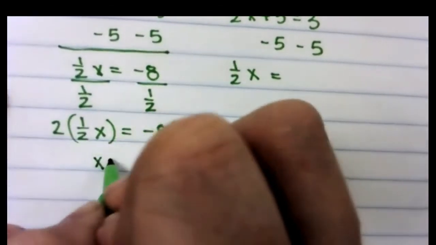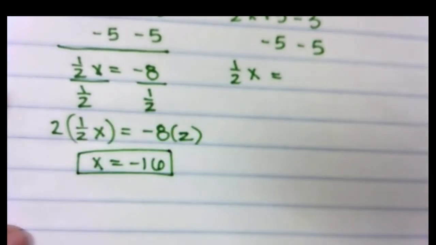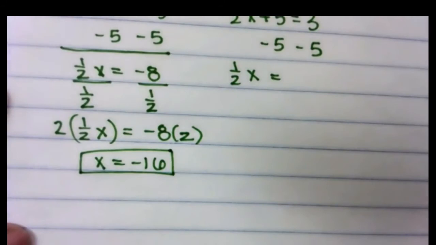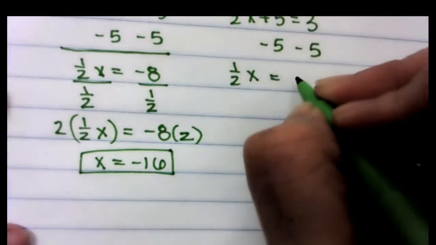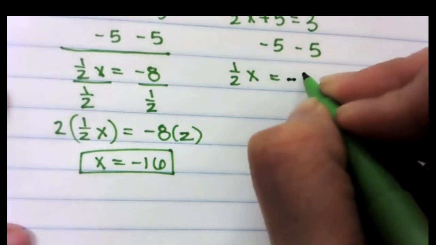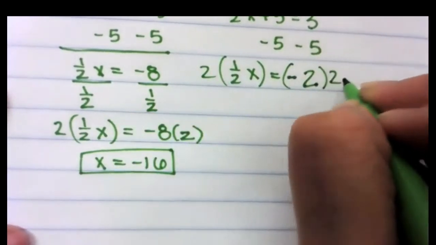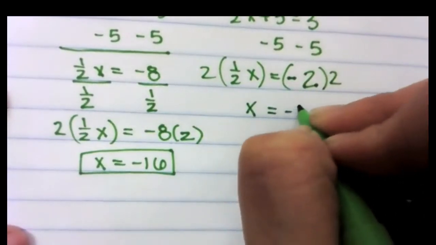These mean the same thing. And we get x equals negative 16. And then over here, 3 minus 5 is negative 2. If you multiply by your reciprocal, you get x equals negative 4.